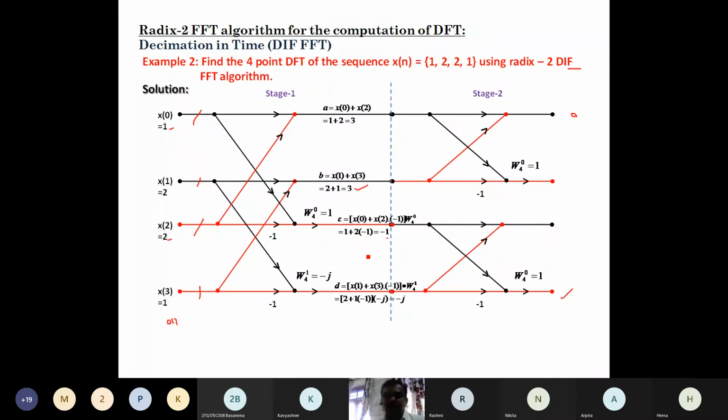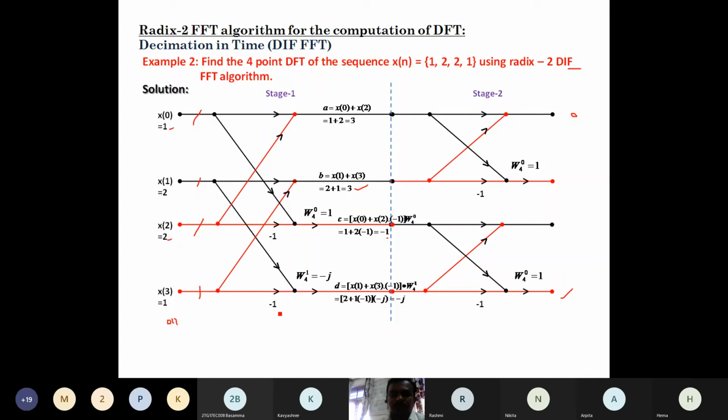Let me represent that one as element D, output D, which is nothing but the bottom line of the second butterfly in stage 1. So therefore, it is calculated as what? Second line plus first line. Sorry, second line and fourth line. So the fourth line is changing its value. x3 is coming at the input side.